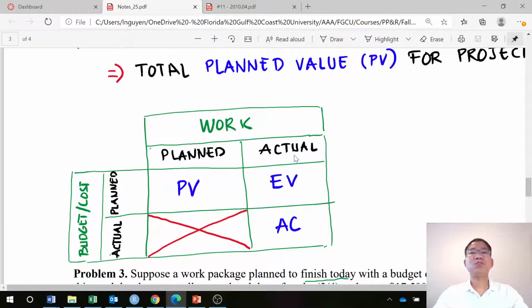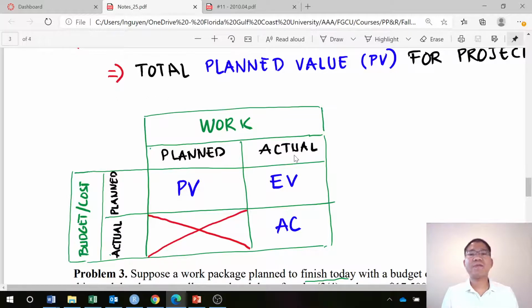So if you sign a contract, the client doesn't care how much money you spend for the project. You are only paid based on the contract, and that is considered the earned value. It means how much I achieve based on the contract is how much I earn.